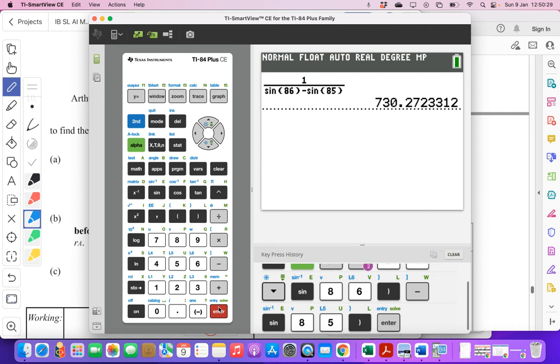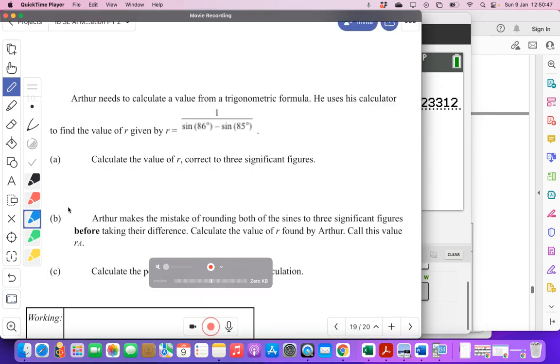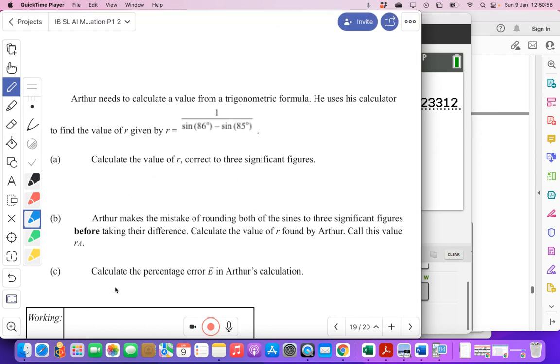And I got 730, and then we're going to be asked to compare it to rounding both of the sines to 3 significant figures before taking the difference, and then you're going to find the percentage error in the calculation.